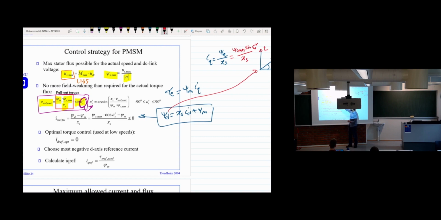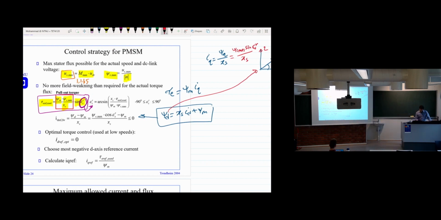If it's a positive value, that means it's strengthening the stator flux, and we don't want to strengthen the flux. We want field weakening, not strengthening. Therefore, if it gives some positive Id ref, then we'll put it to 0. If it's negative current, then we will take this value.